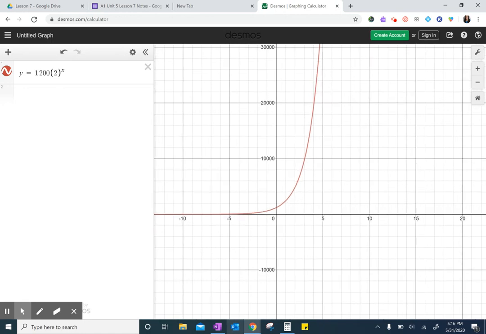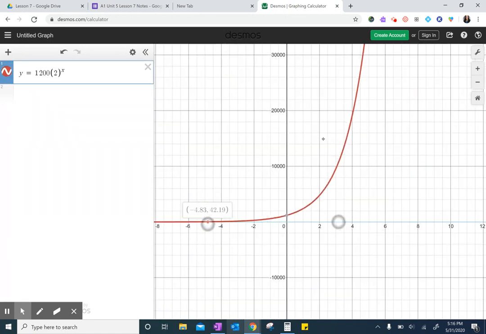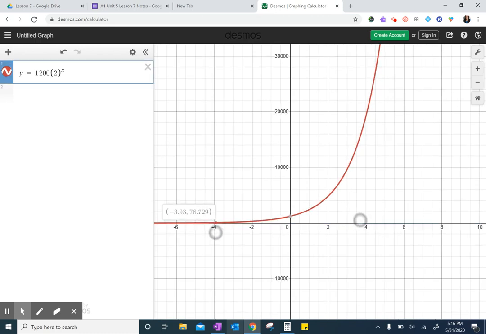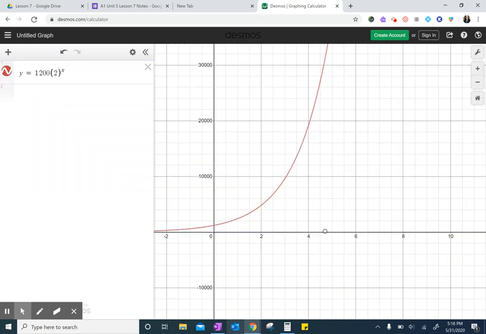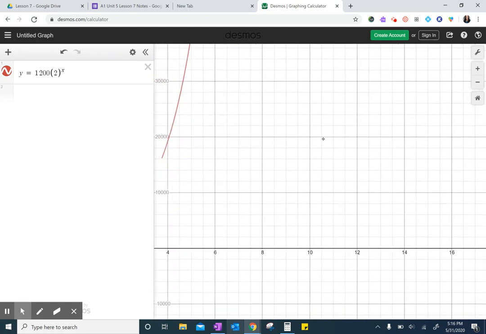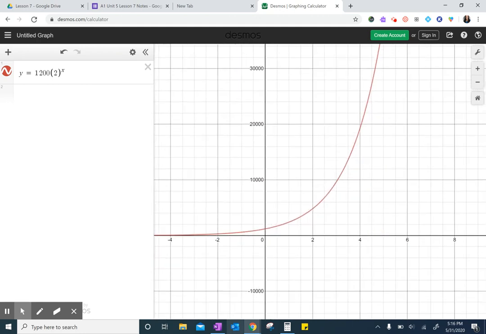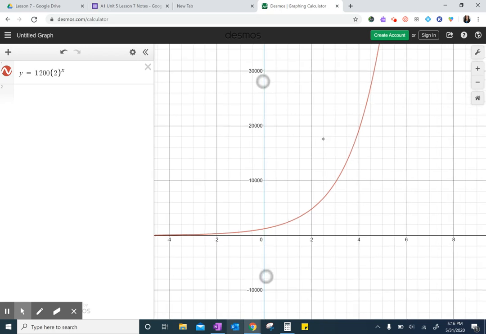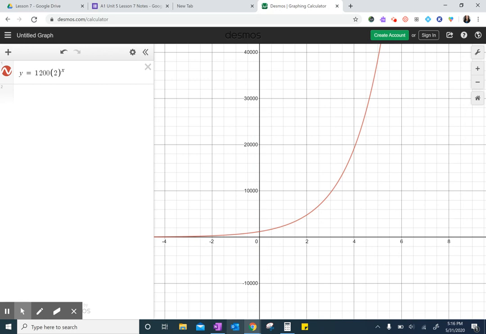And then we can come out to the x and expand out the x a little bit, especially if you only care about maybe a few years before, so around -2, and then maybe you just want to go out to 4, 5, and 6. And then if you still want to keep going, you can still keep scaling.